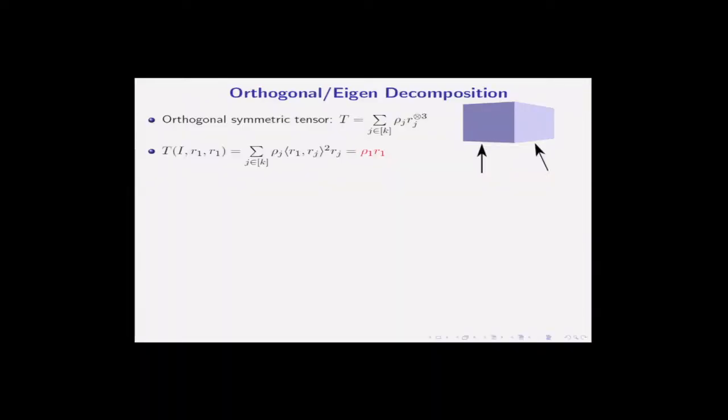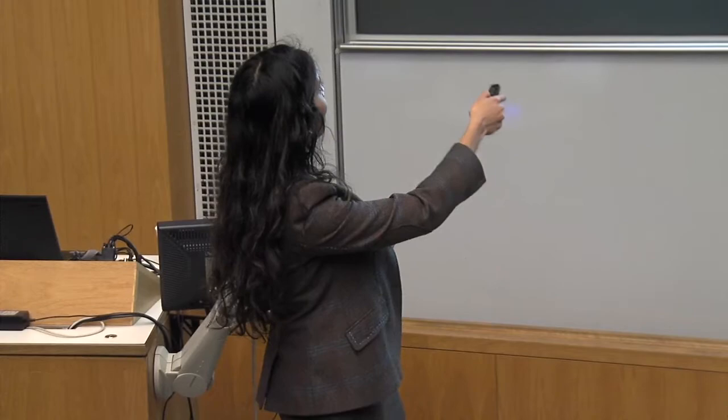So what does such a property give us? If I had a tensor where the different components are orthonormal to one another, and if I reduce the tensor along two of the modes, intuitively I'm taking inner products along these two modes. Because of the orthogonal constraint, the only component that survives is the one that I hit it with. This is the stationary point of this iteration, which is the eigenvalue iteration.